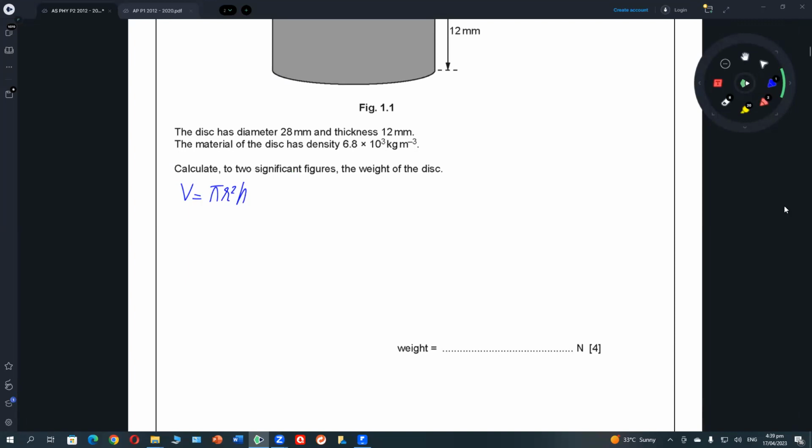I have diameter, so I put the diameter here. Diameter is 28 millimeter, and thickness or height is 12 millimeter.